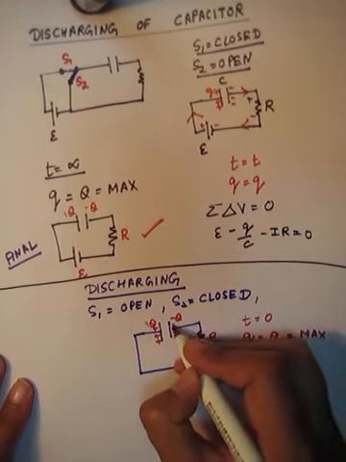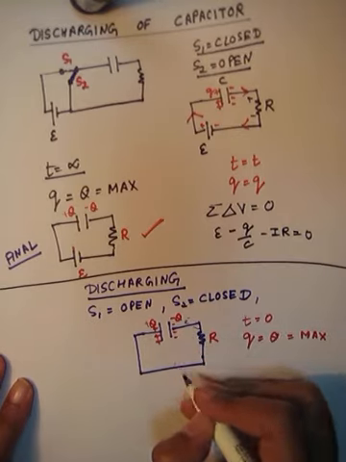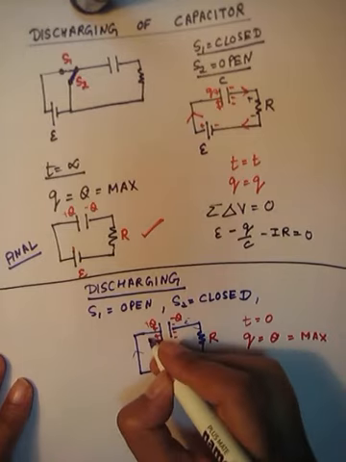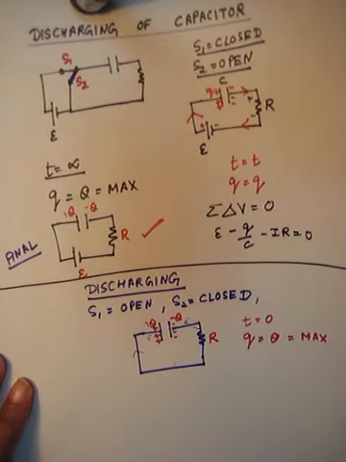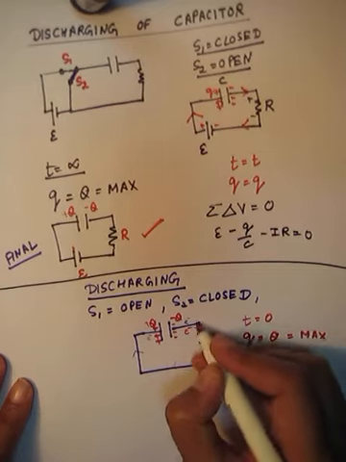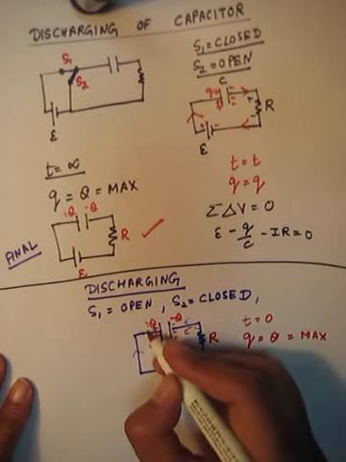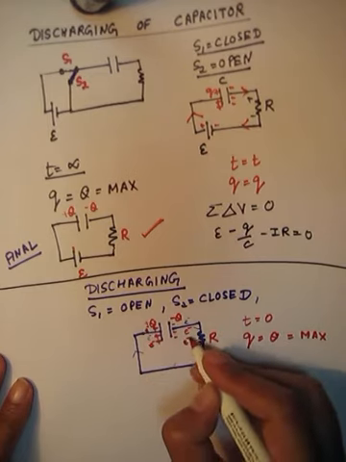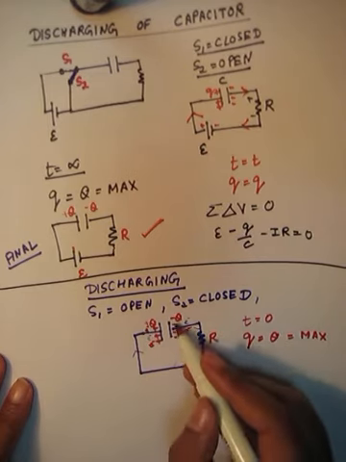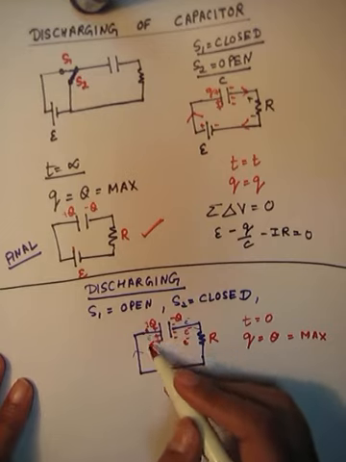So these electrons from here, they will move and they will reach here. Okay, and therefore another electron will move from this side and it will reach here, and another electron will move and it will reach here. So then it means that this plate will be less negative now and this plate will be less positive.